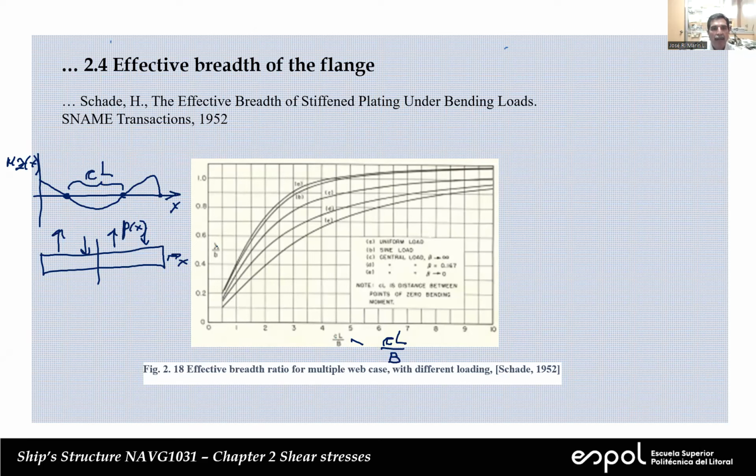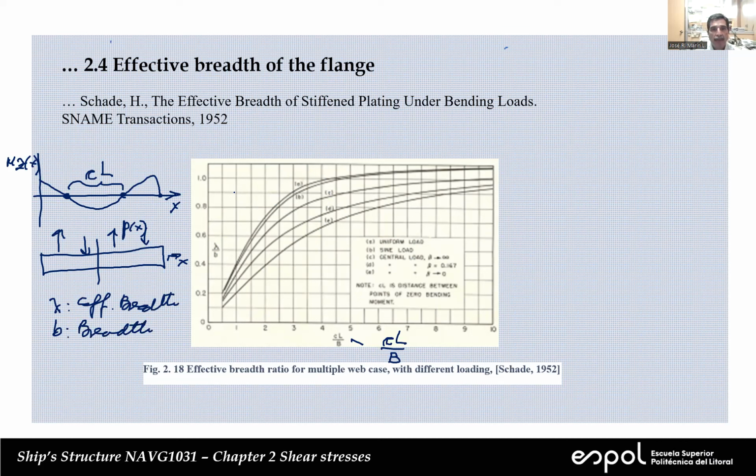Now, according to the cases, you have here the cases, you found the ratio between lambda and B. Lambda is the effective breadth, and B is just the breadth.